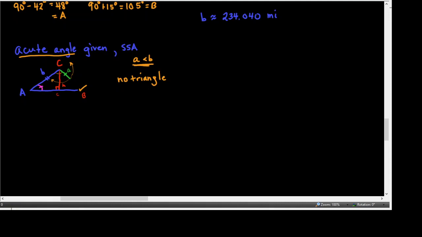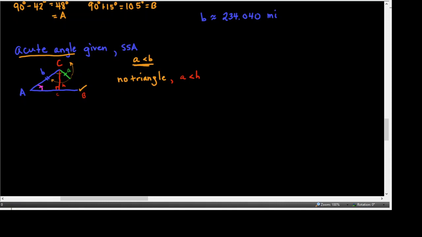And we'll be able to tell that we have no triangle when the acute angle and A smaller than B is given. If A is too short, it means it's shorter than the altitude of the triangle. So we'll have no triangle if A is less than H. Well, now we have to figure out how do we know what H is? Because all we'll be given is side A, side B, and angle A.